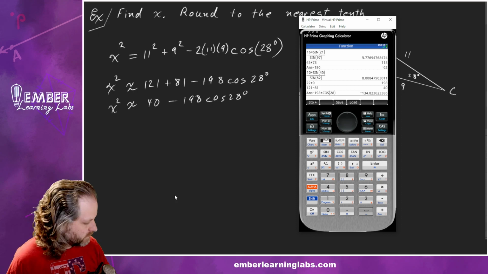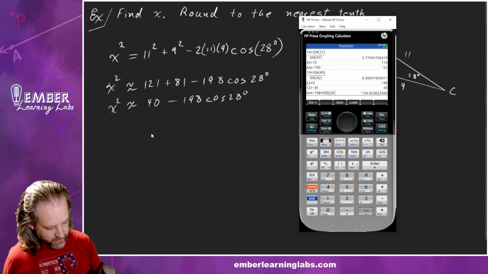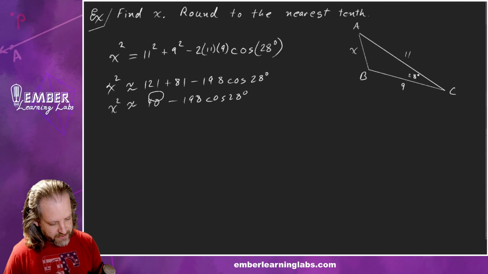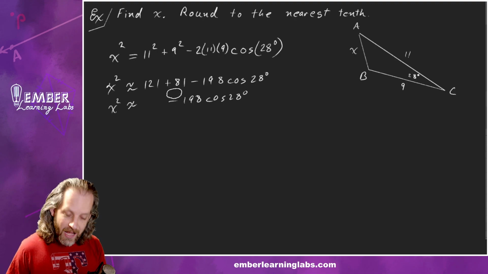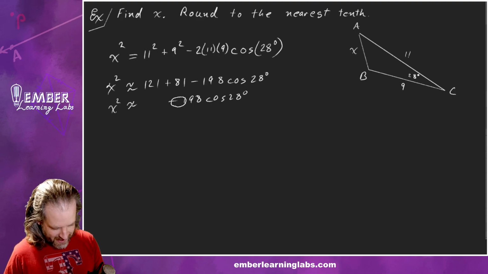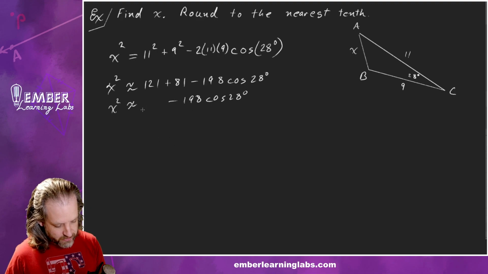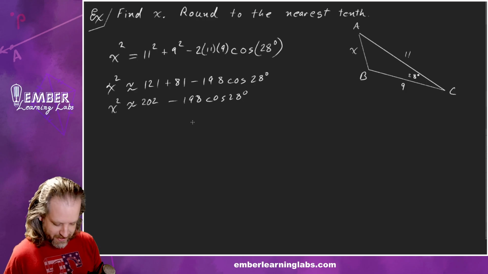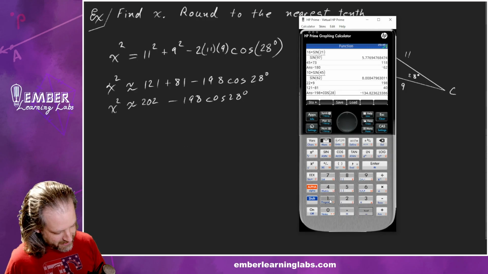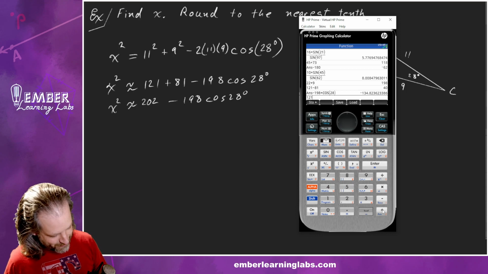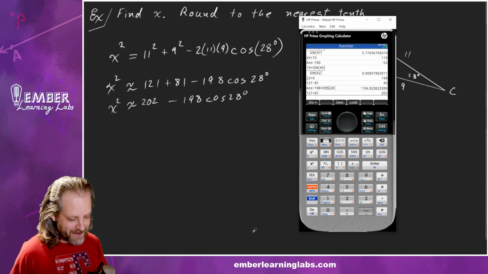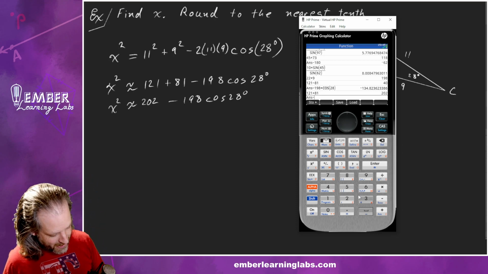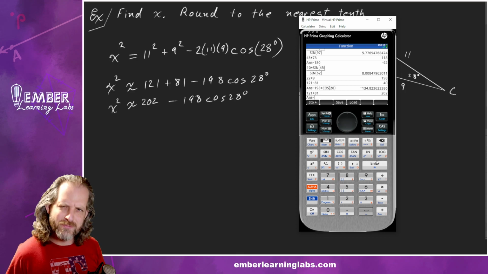I'll be right back. Oh, I saw what the mistake was. I told you that I've made a bunch of videos at this point, prone to making mistakes. How about 121 plus 81 equals 202? 202. I'm going to double check because I'm making silly mistakes at this point. 121 plus 81. That's easy math, but better safe than sorry. So 202 minus, I knew that didn't quite look right. I thought that was probably going to end up negative.